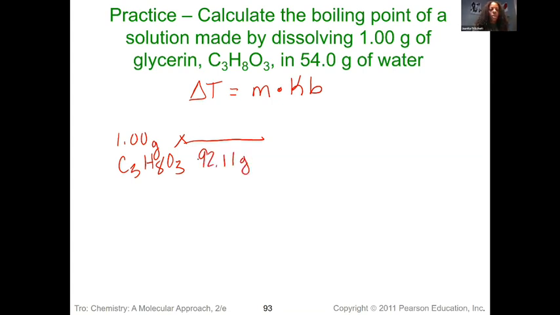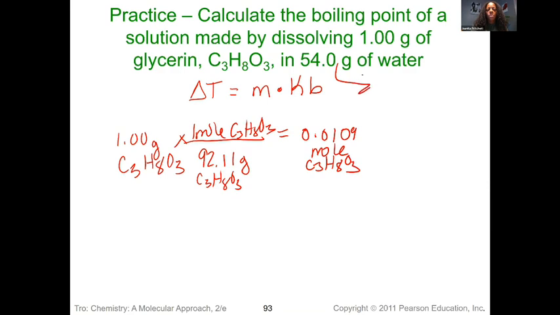That would go here, 92.11 grams to 1 mole. So that would end up being 1 divided by 92.11, and that gets us 0.0109 moles of C3H8O3.